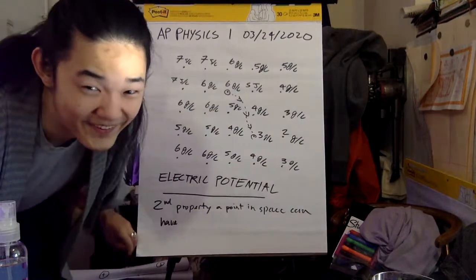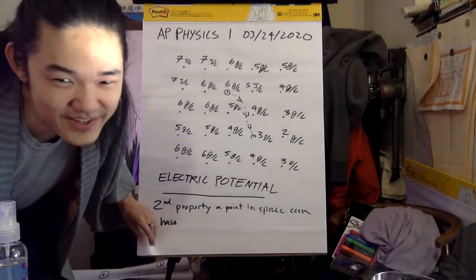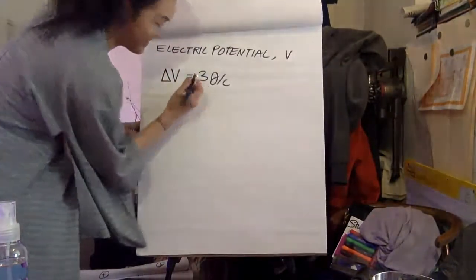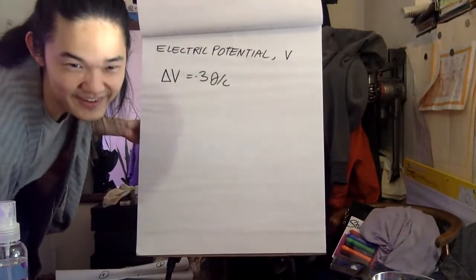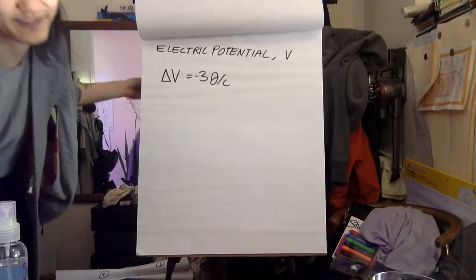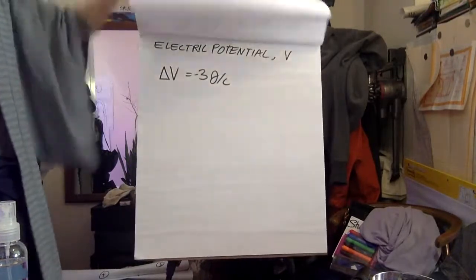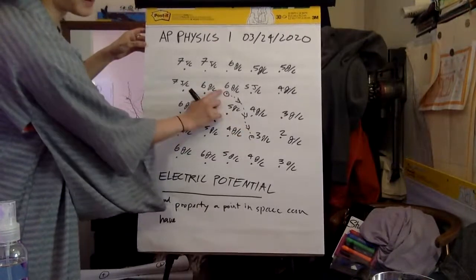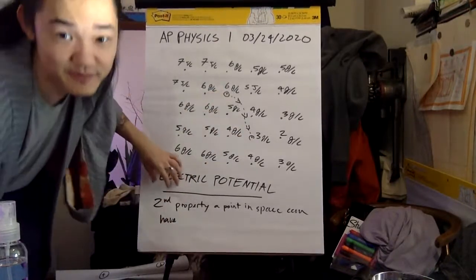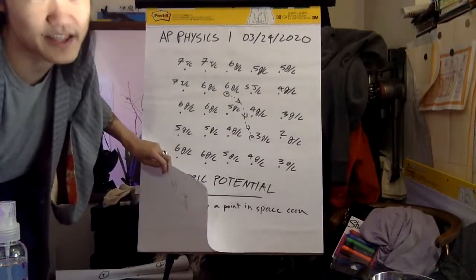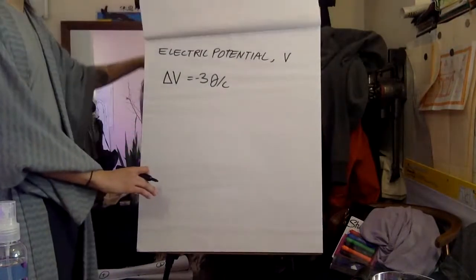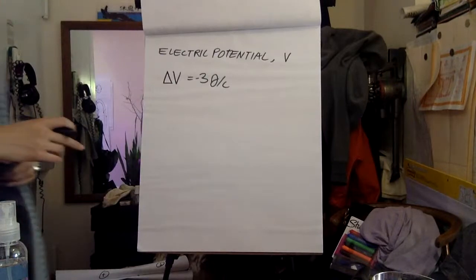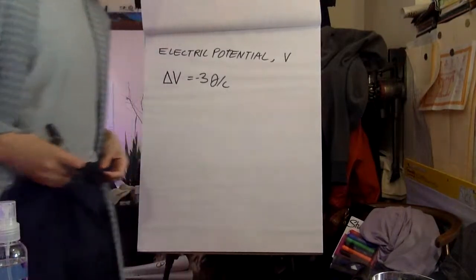Or isn't my change -3? It should be -3, because it's 3 minus 6. Final minus initial. So my change in voltage, my change in electric potential, was -3 joules per coulomb.